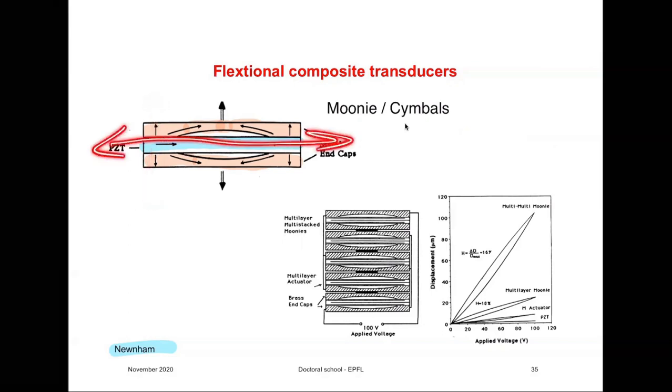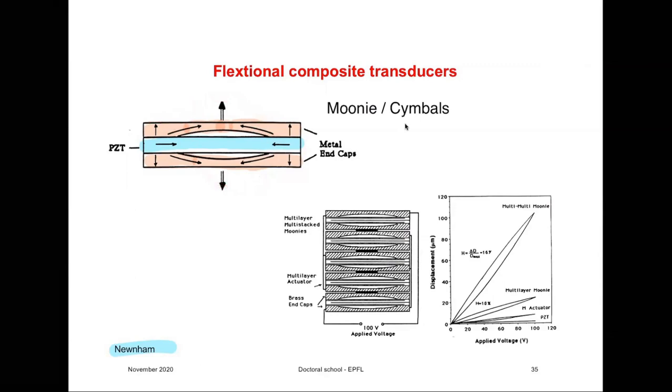Much more important is the transverse movement, and that transverse movement of a piezoelectric material under field will apply forces which will deform these metal caps, and they will give you very large displacement.